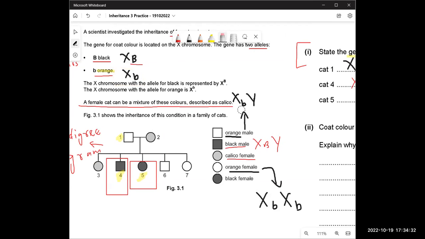Since I have not told you in the question, and since there's a mixture of these colors, we must realize that these are codominant. X capital B X capital B, Y. No, it's a female. Y is for male. Oh yeah, X. X and what type of X?